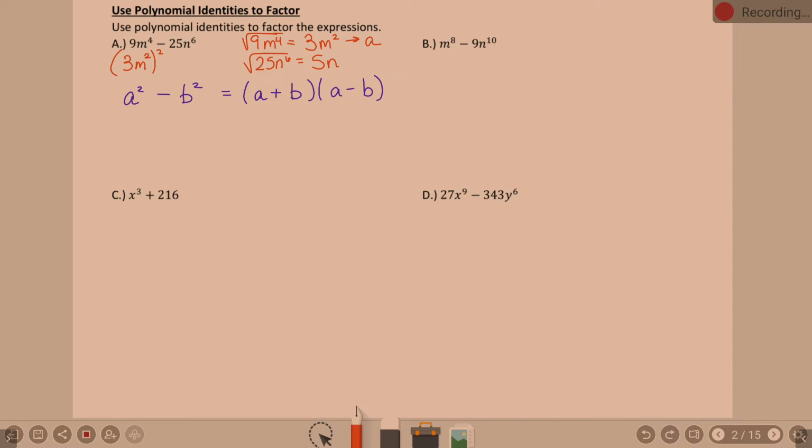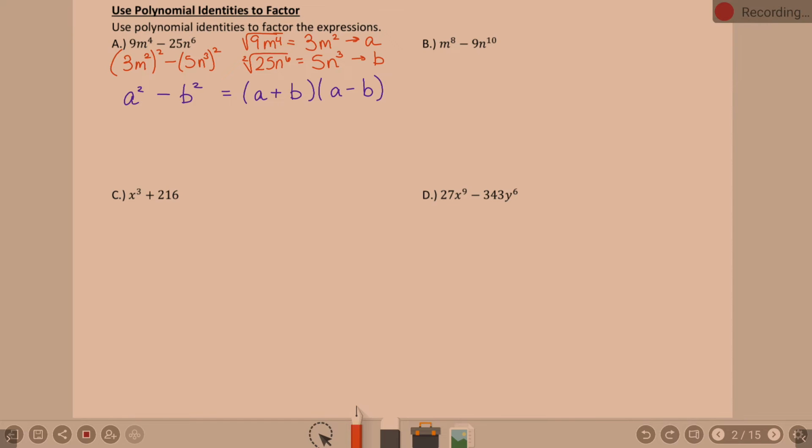So the shortcut there is to take that exponent, and it's an index of 2, so divide by 2. So that's going to be n to the 3rd. That is your b value. Okay, so this can be thought of as 5n to the 3rd quantity squared.